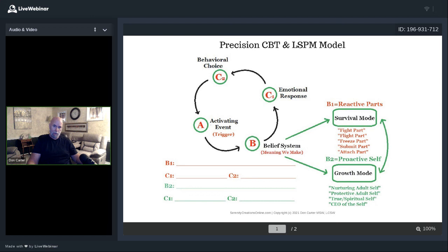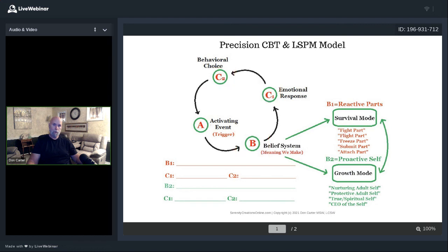Usually I just notice, first of all, the emotional response, and then I have a behavioral choice, and then that starts another activating event. But the main thing is this belief system that creates this emotional response, and then I go to my favorite behavioral choice, right? So the belief system is the one I've got to take a look at.